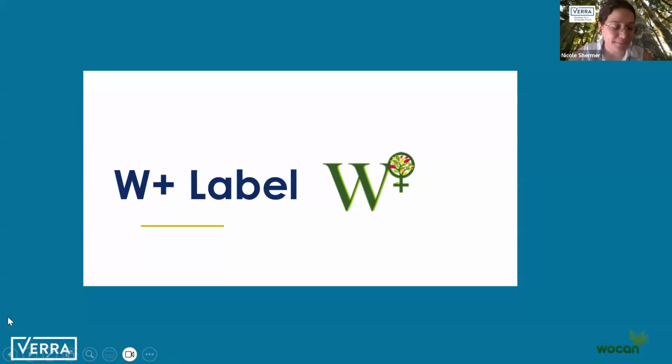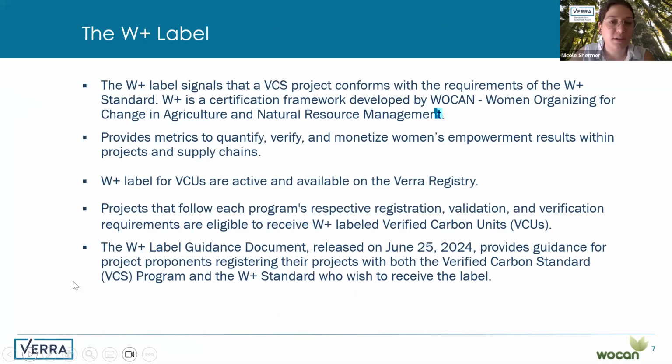Thanks, Justin. Okay, now I will give an overview of the W+ label. So the W+ label signals that a VCS project conforms with the requirements of the W+ standard. And W+ is a certification framework developed by WOCAN, Women Organizing for Change in Agriculture and Natural Resource Management.